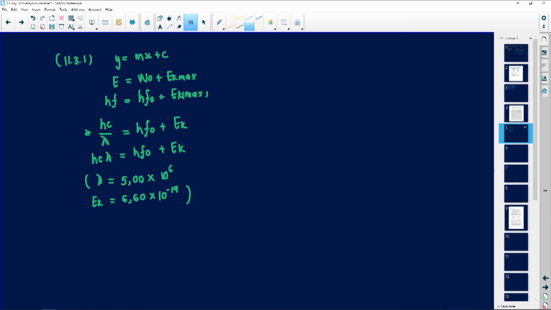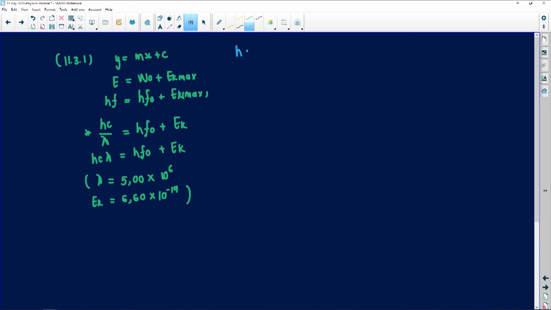So now I'm going to write our whole formula. We have hc lambda. This is where I got my formula. We started off there, remember. Then I've got hf0 plus my EK. Now we plug in. h is a constant, which is 6.63 multiplied by 10 to the negative 34. My c is the speed of light, which is 3 times 10 to the power of 8.